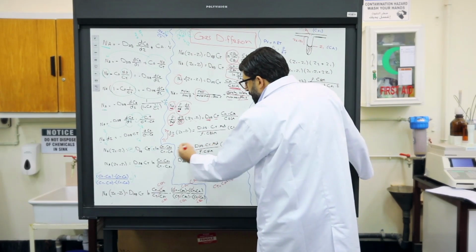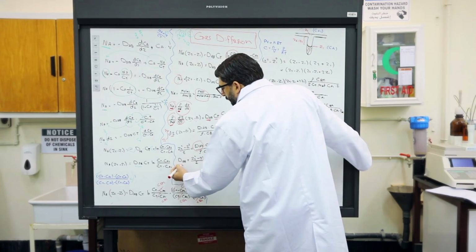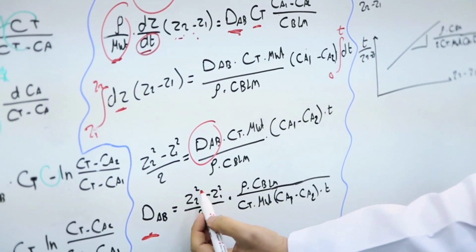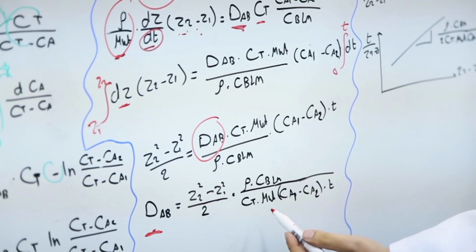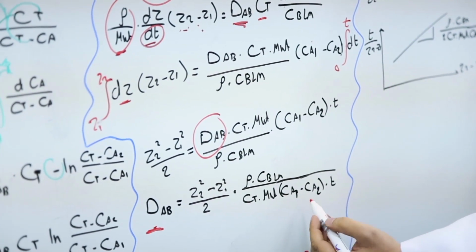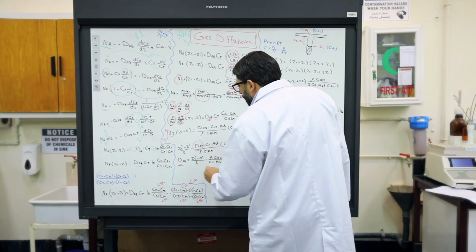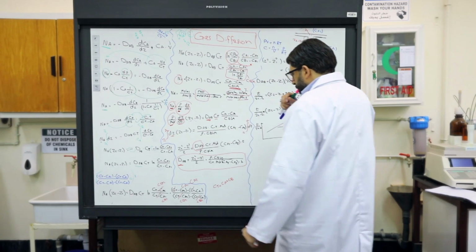So from this equation, I can find diffusivity. So diffusivity equals (Z2 squared minus Z1 squared) over 2 times rho CLM over CT, molecular weight, (CA1 minus CA2). So now we can utilize this equation to apply it experimentally to find the diffusivity.